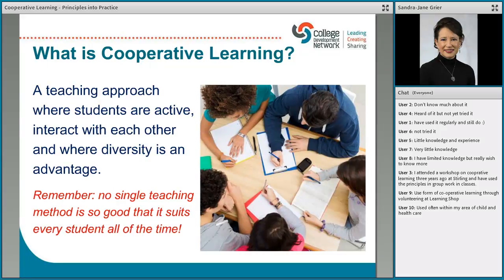So key questions for educators, I would suggest, are: how much interaction takes place, and what is the quality of student-to-student interaction in your classes currently? How are you trying to develop students' creative thinking as they are learning?